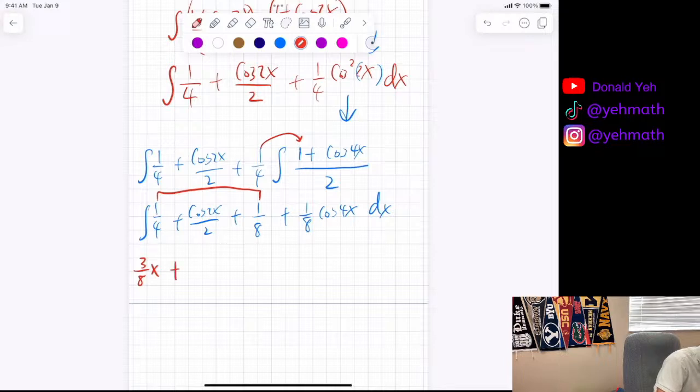Plus integration of cosine of 2x is what? 1/2, so it'd be 1/4 sine of 2x. Is that okay? And what's the last one? 1/32 sine of 4x dx. Oh, no, plus c.